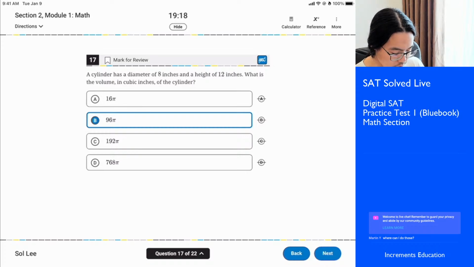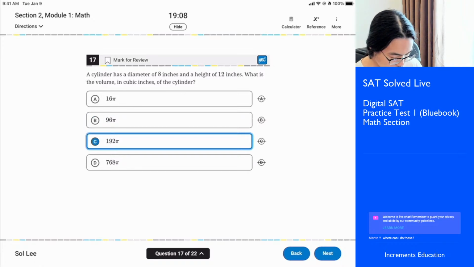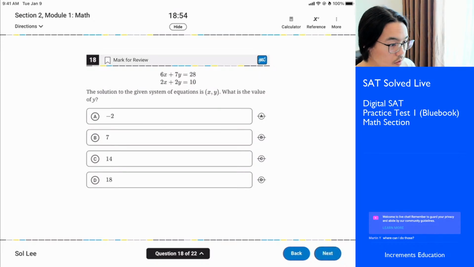Diameter is 8, but radius is 4. 4 squared is 16, so it's actually twice of this. 16 times 12. 8 times 12 is 96, so 16 times 12 is 192. Okay, yeah, we're good. Whew.